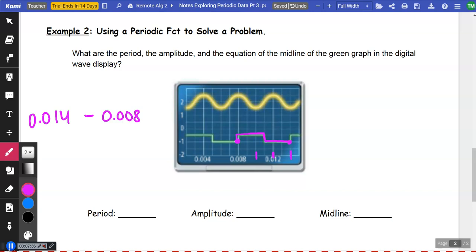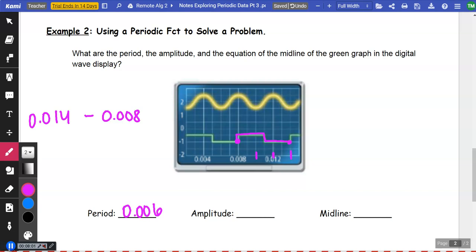So what is 0.014 minus 0.008? I believe that is 0.006. I'm just going to double check that before I send this video out to all of you. 0.014 minus 0.008 is 0.006. Very good. So our period is 0.006.